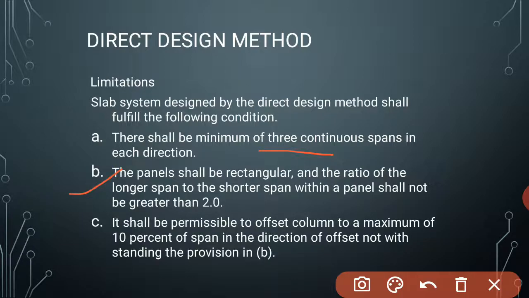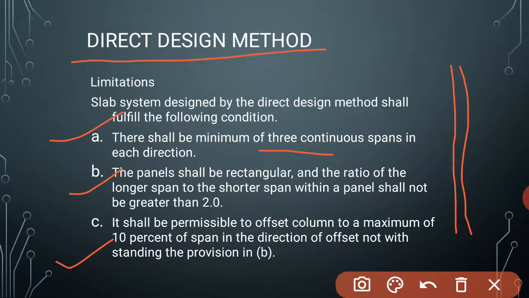Then it shall be permissible to offset columns to a maximum of 10% of the span in the direction of offset, notwithstanding the provision. So if any flat slab follows these criteria, then we'll go for the direct design method. I will repeat once again.